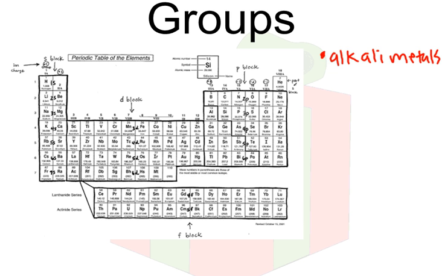And the alkali metals are from lithium down to francium. Hydrogen, up at the top, is part of a different group known as the other nonmetals.